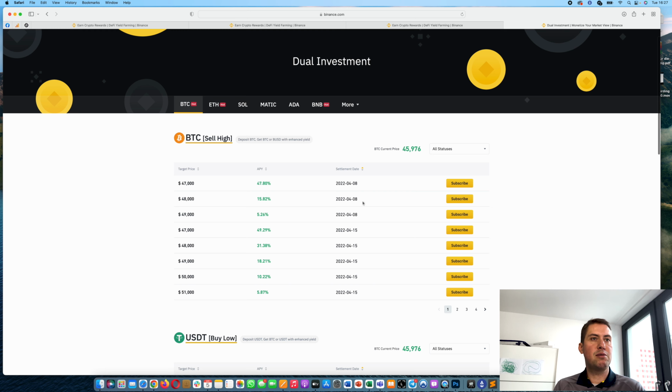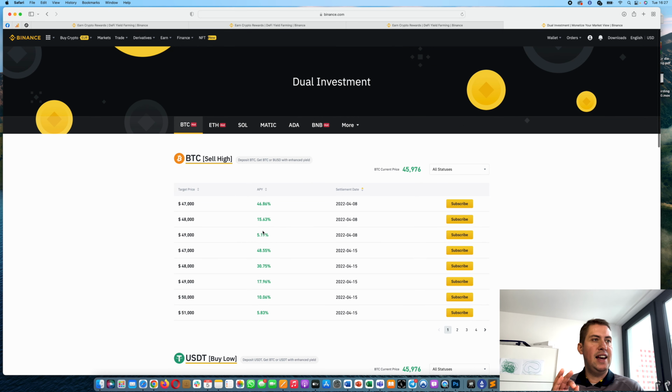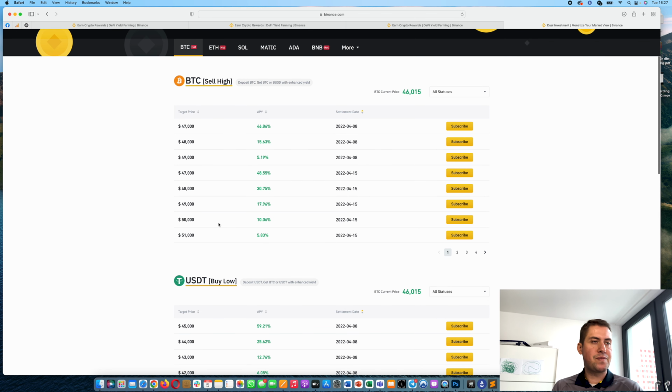You can subscribe, for example, for a week or 4 days or several periods. And they guarantee you that you get certain interest after that period. However, it really depends if the price of the underlying asset like BTC went up or down during that time, if you get BTC back or a stable coin like USDT.